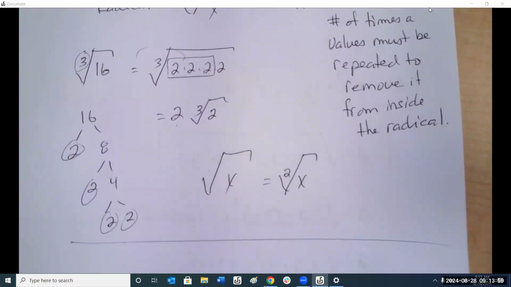Okay, we did distance, we did slope. Let's look at midpoint.